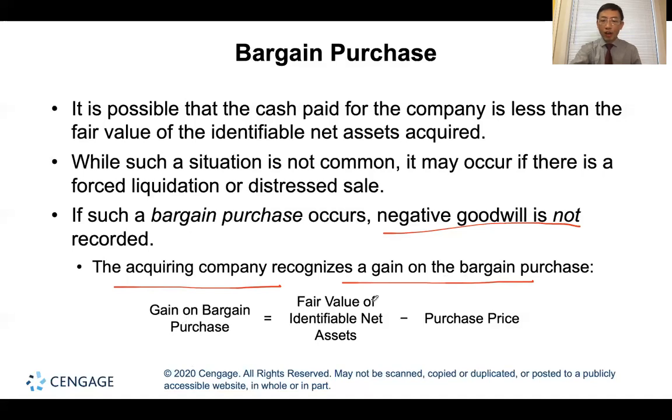It's the fair value minus purchase price, but it's for the acquiring company.